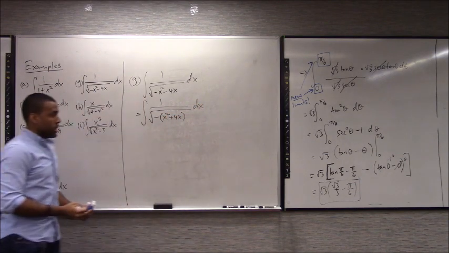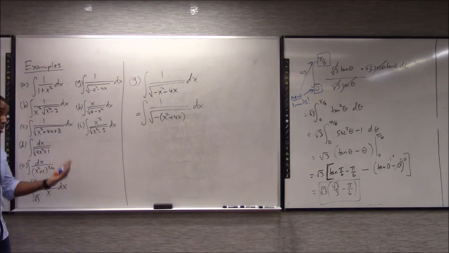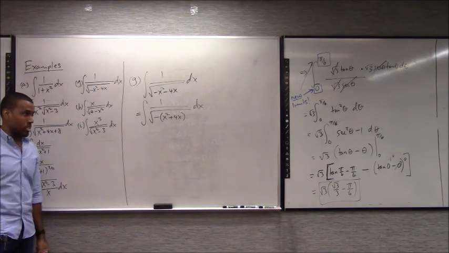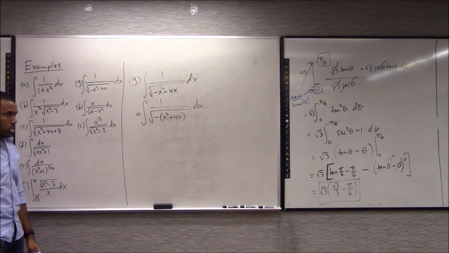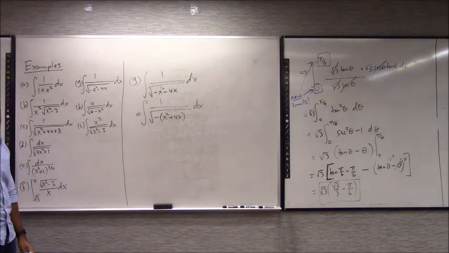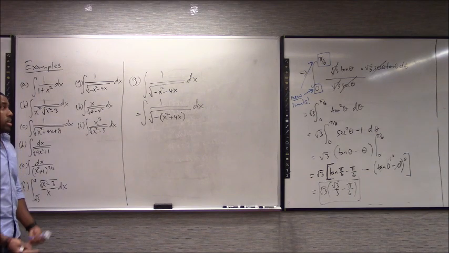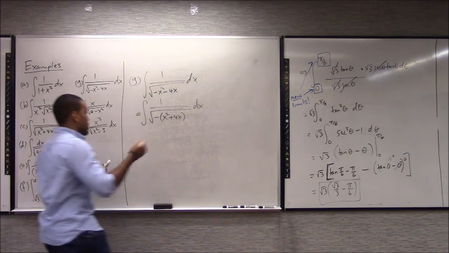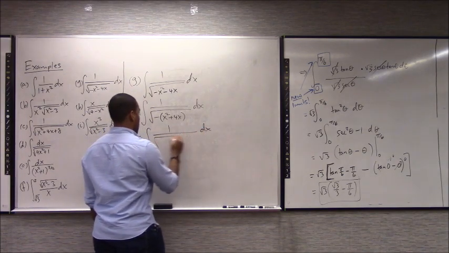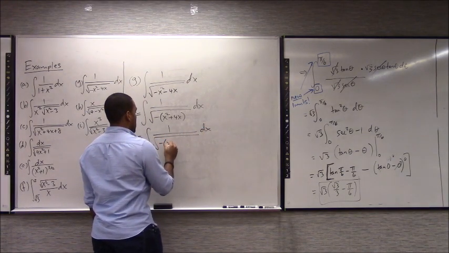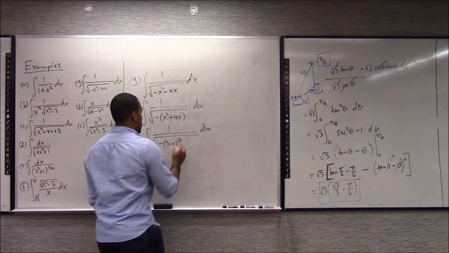Now we're not going to completely factor out that minus 1 because that'll give us the square root of minus 1, which is going to give us a complex number, which we're not doing in this class. So we'll worry about complex numbers later on. For now, yeah. Complete the square. You can complete the square on the inside. So this is x plus 2 all squared.